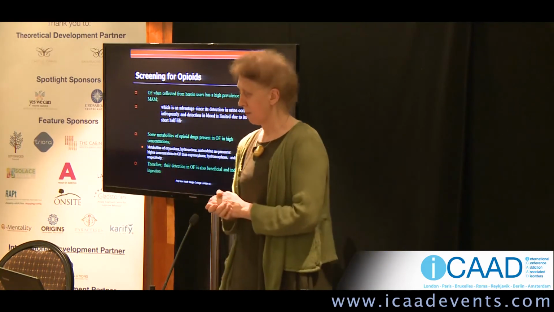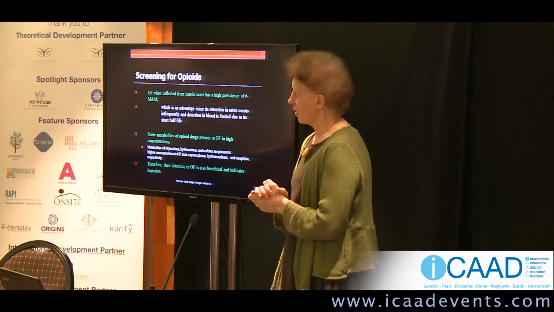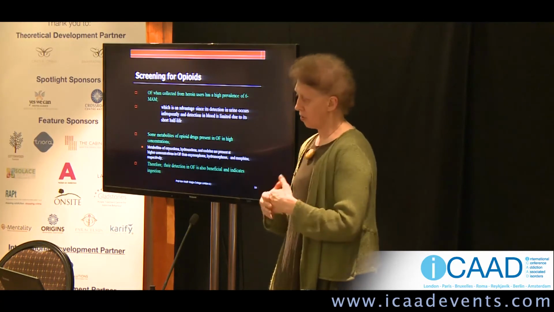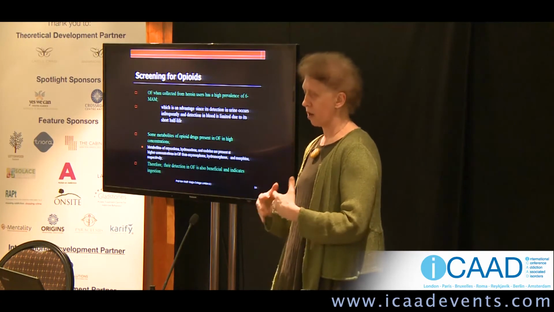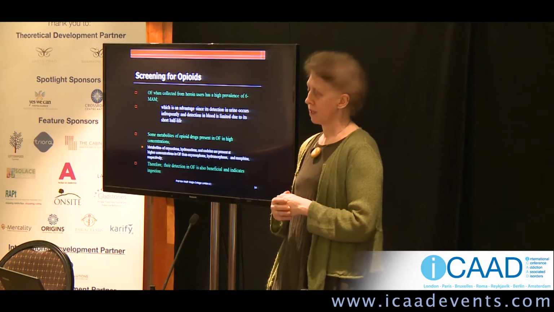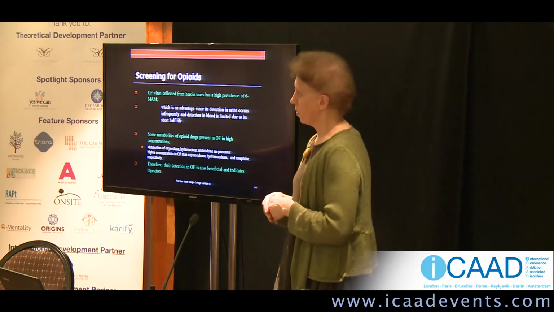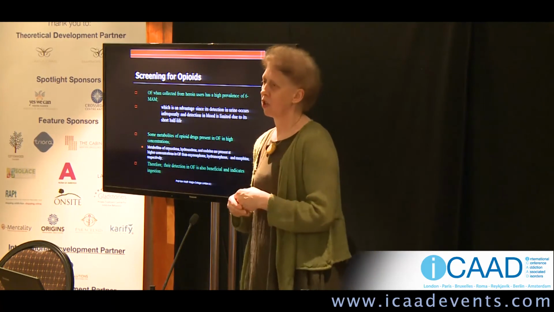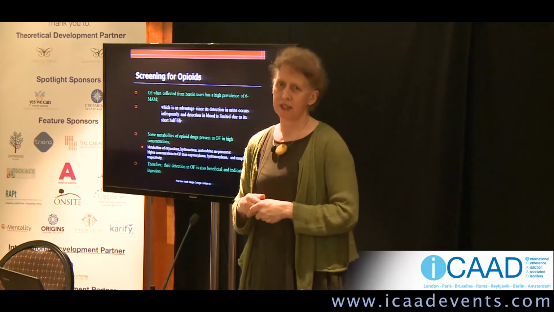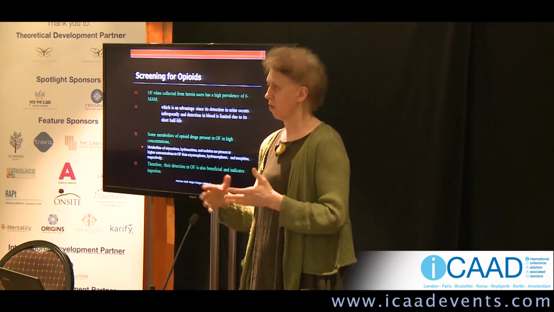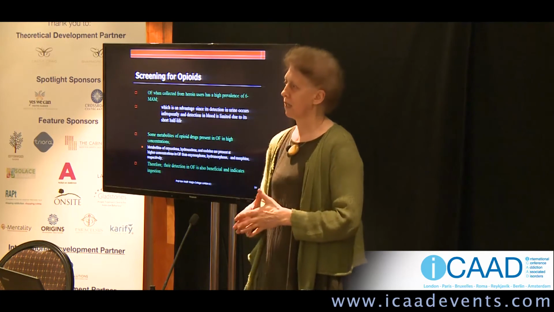And some drugs that are opioids, like oxycodone and hydrocodone, are present and easily detected in oral fluid. So you can get specific oral fluid screening tests for 6-monoacetylmorphine to specifically pick up heroin use.